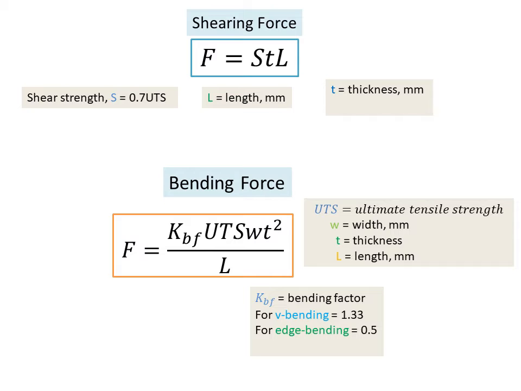So in this formula we have ultimate tensile strength, W is equal to width in mm, thickness also comes in mm, L means length in mm, and KBF is the bending factor. So the bending factor for V bending we can take KBF is equal to 1.33. For edge bending we can take KBF is equal to 0.5.